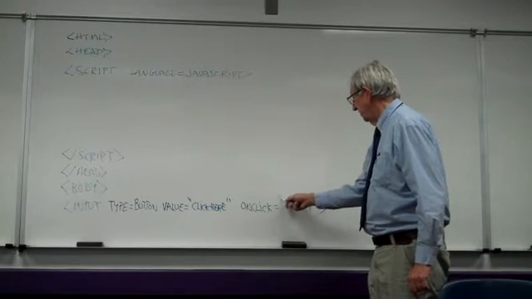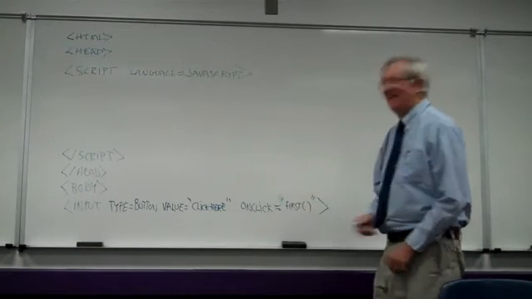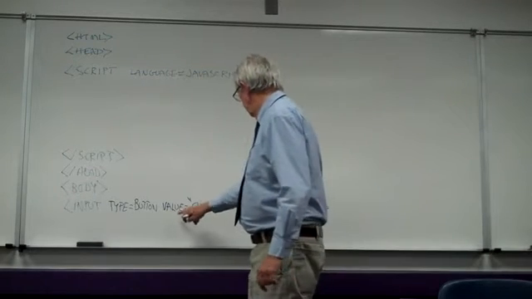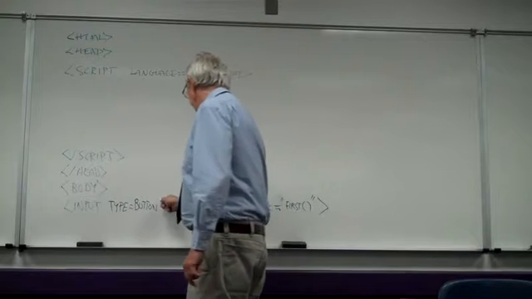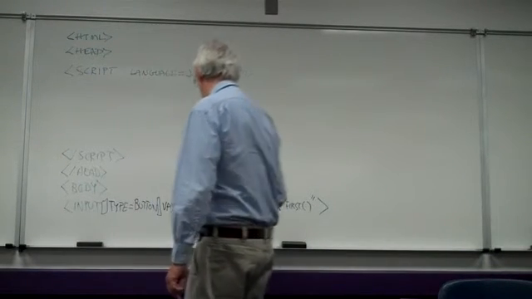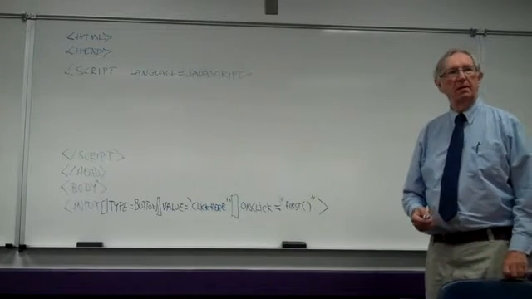Everything should be tight here. Where it says the words value equals click here, is there a space between click and here? Yes, there's a space right here. You can put a space in between the click here, it's like putting a space between hello and the next letter.